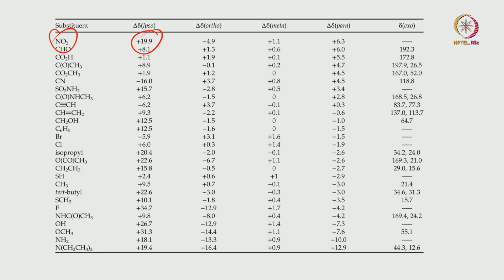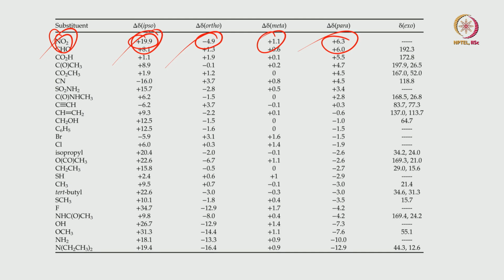Identically here also, if you have different substitutions, you can find out the values or the contribution of each of these functional groups, substituent groups at different positions in the phenyl group. For example, I have a NO2 in a molecule in the phenyl group. One of the substituents is NO2. Then for the ipso carbon, this is the contribution. For ortho carbon, this is minus 4.9. For meta, this is 1.1. For para, it is 6.3.